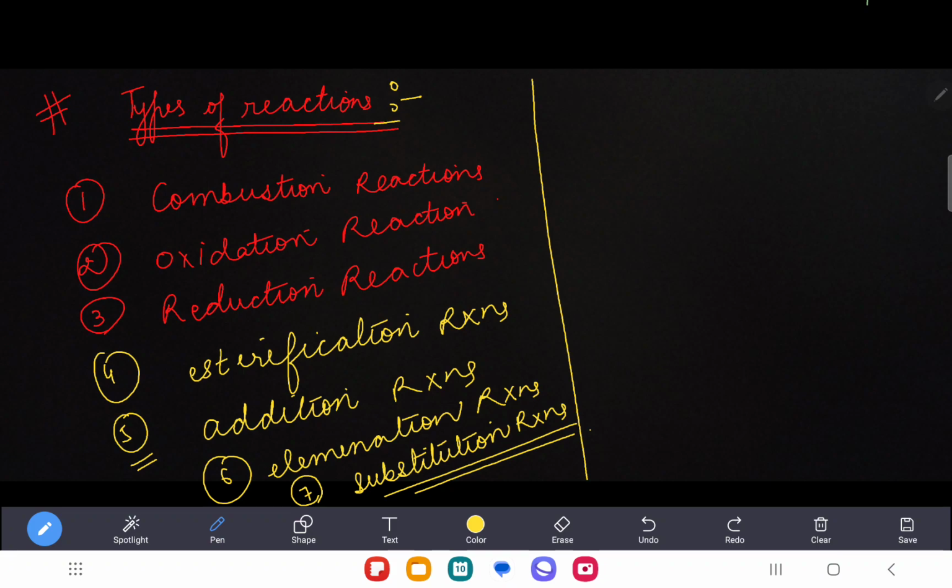First, we have the combustion reaction. Just see. When we talk about the combustion reactions, just see how it works.